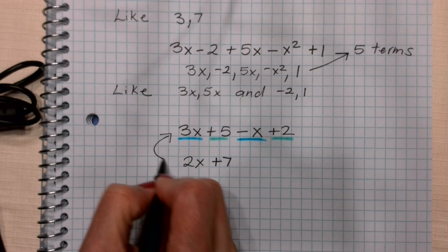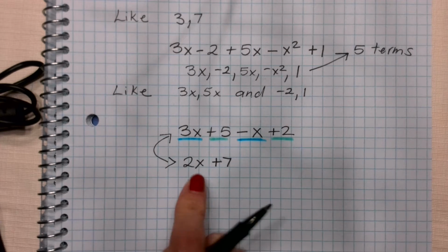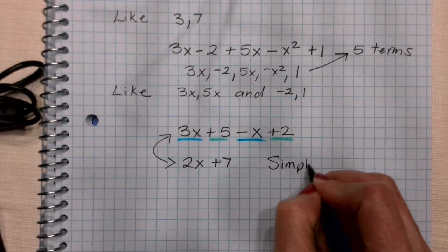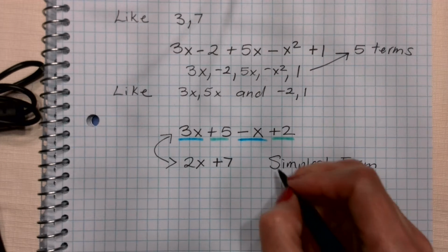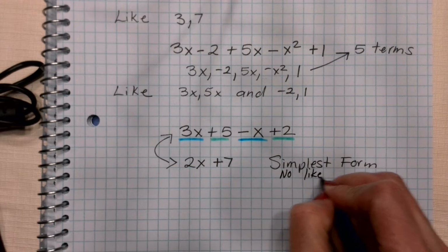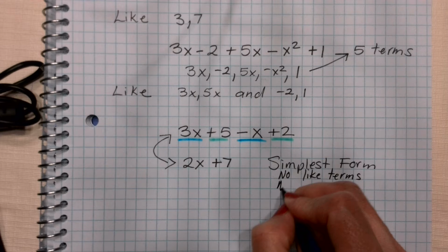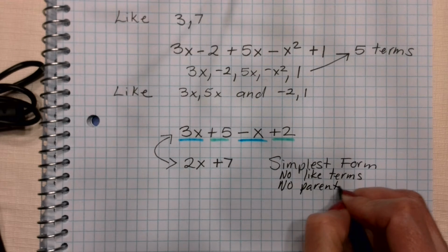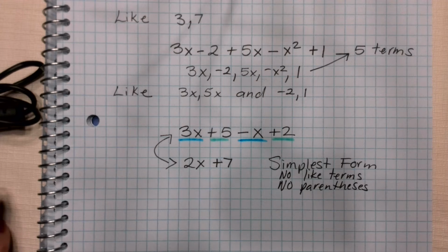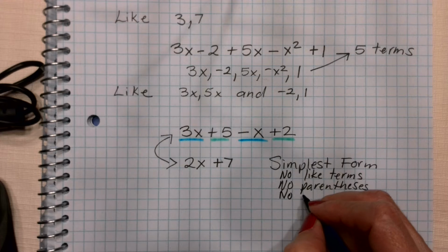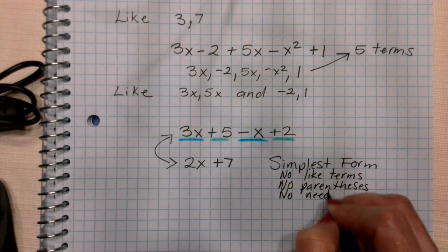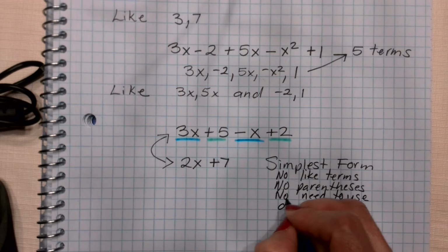These are worth the same amount. This one is just in its simplest form. So simplest form. And you know that something is in its simplest form when there are no like terms, there are no parentheses, and there's no need to use distributive property.